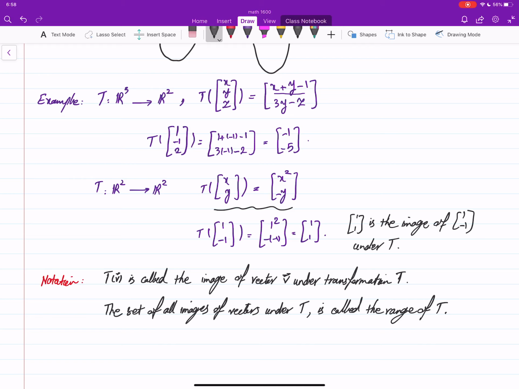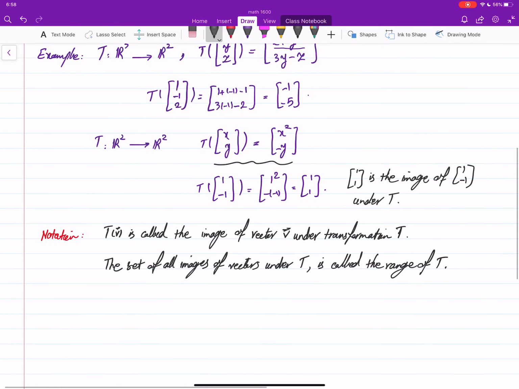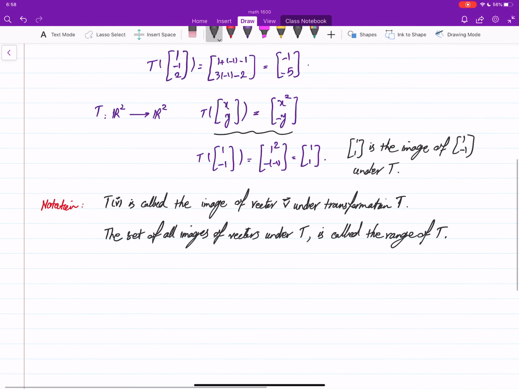We call it image of, range of T. Okay, so this is just a general transformation, but what we will study in detail is what is called a linear transformation.